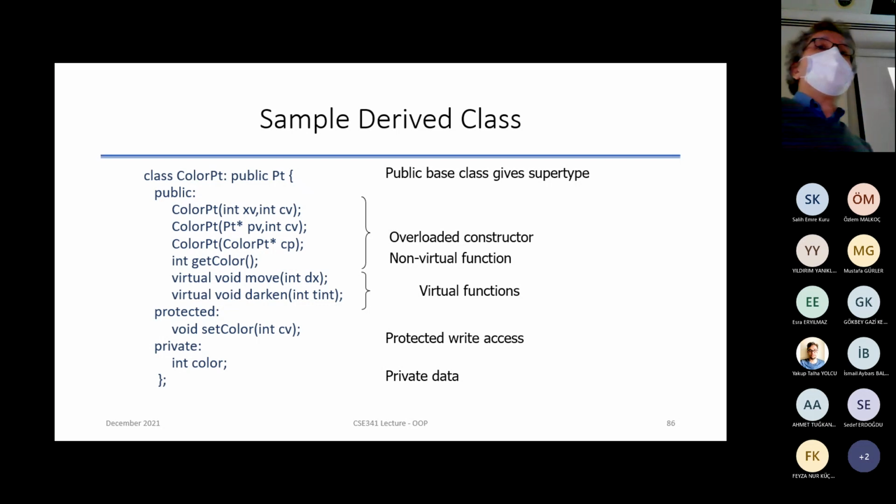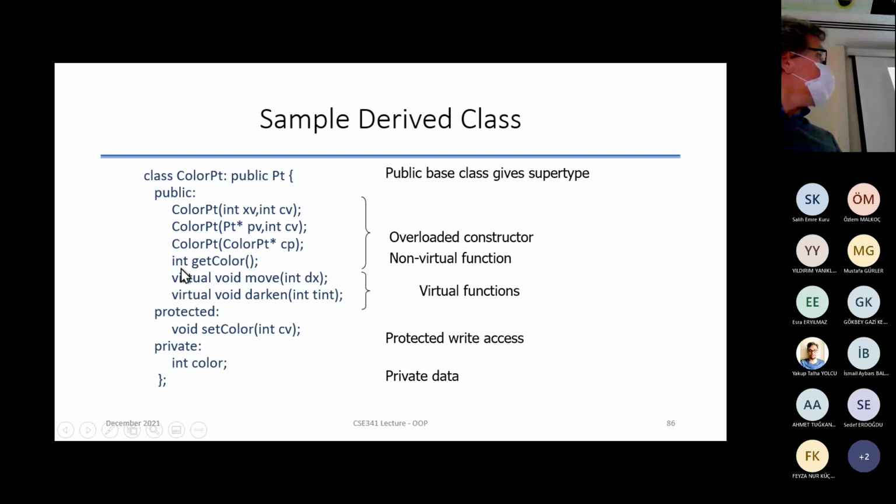And you have a sample derived class here. You see that, here's my pointer. So this is your base class or superclass, and this is your derived class. And you have your constructors, again, overloaded constructors. You can construct this thing in multiple ways.